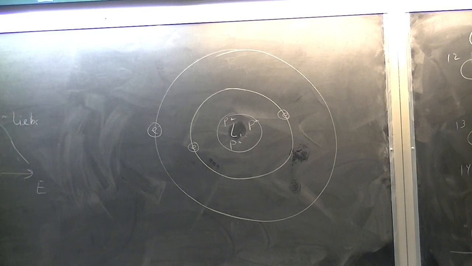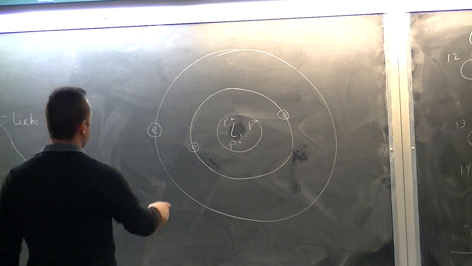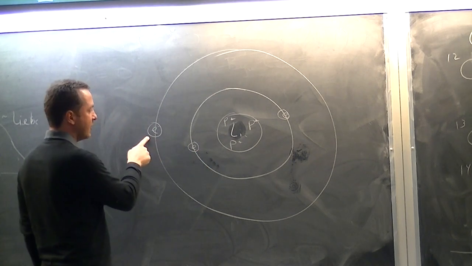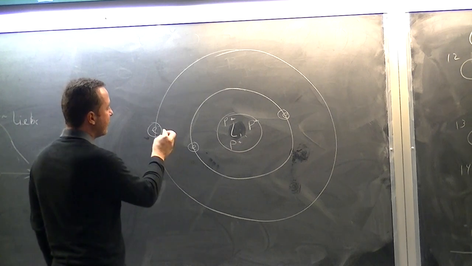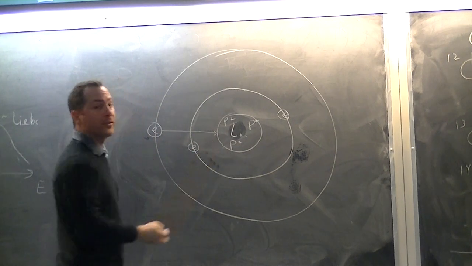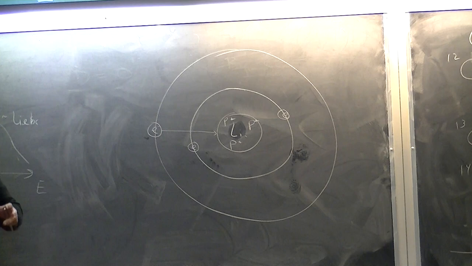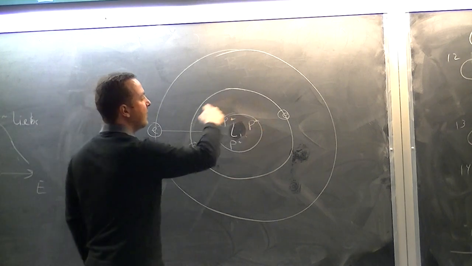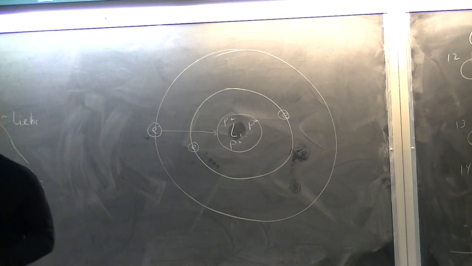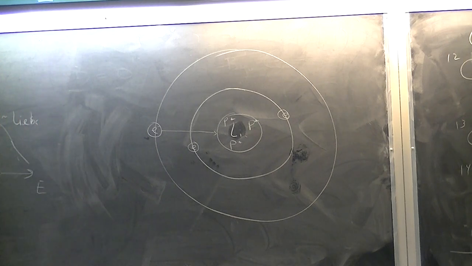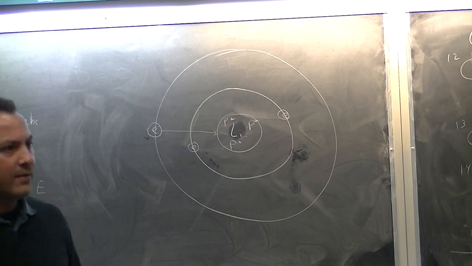So those 2 electrons block this electron. This electron cannot see all 3 protons well. It sees something less because these 2 electrons are blocking its sight. And that is the difference between nuclear charge and effective nuclear charge.